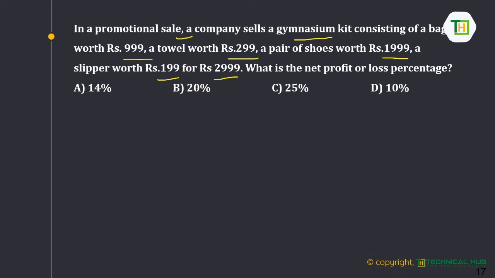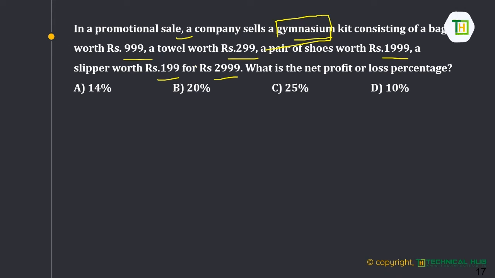This is a very simple question. So this is the gymnasium kit. Total 4 items are given, and their worth is 999, 299, 1,999 and 199.